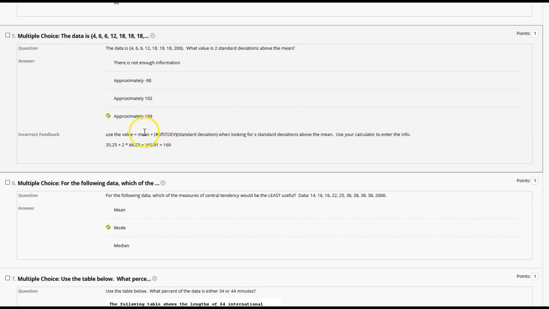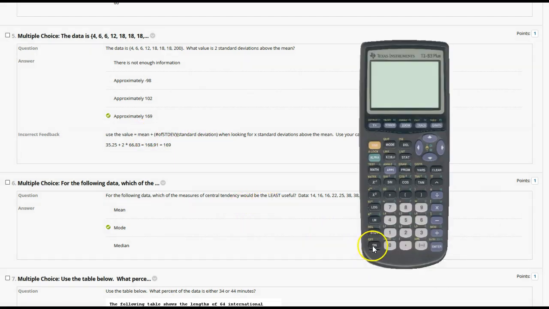Times the standard deviation. So we have to find the mean and the standard deviation of this data, and we do that by using our calculators. So we are going to put the data in. First, we're going to clear these lists out. You'll get really good at clearing these.